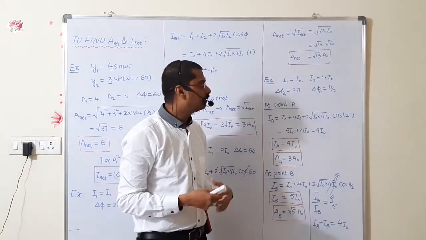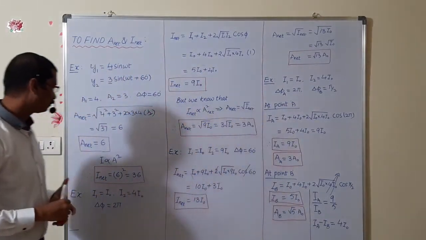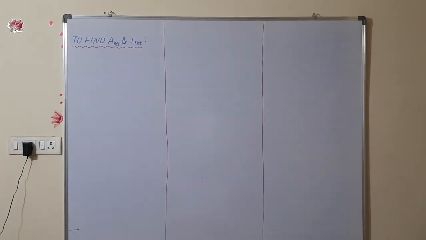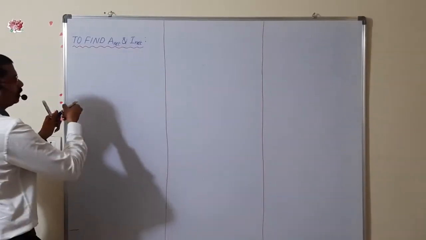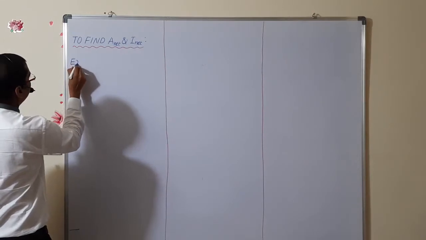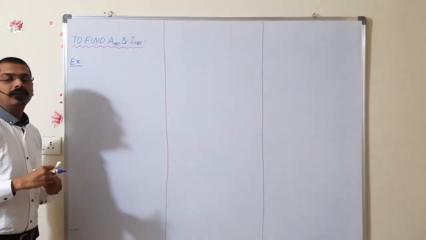Now we will discuss the second pattern, path difference. Now the third one, second pattern: we have to find I net and A net when the path difference is given.